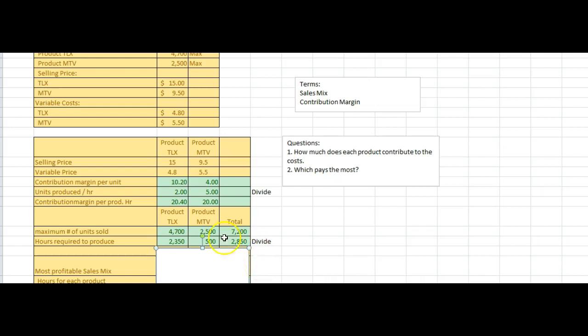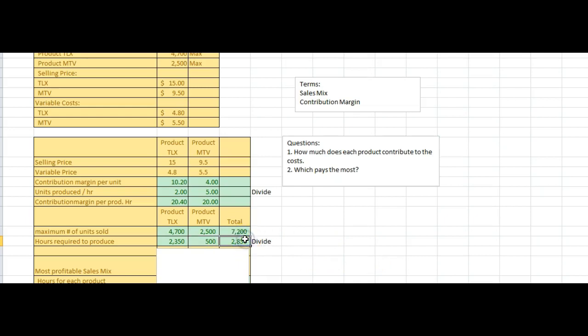If I do the max here and divide that by 2, because I get 2 per hour, it would take 2,350 hours to make the maximum they'll take. And if I divide this one, 2,500, by the 5, I will come up with 500 hours.